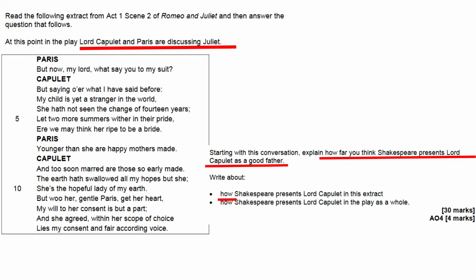Also form, remembering that this is a piece of drama. So what is the dramatic impact of this particular scene? Where do you think the characters will be placed? How do you think they will be speaking? In whispers or in shouts? Remember that this is a piece of drama, so it's important to understand and think about the impact that it would have on the stage.